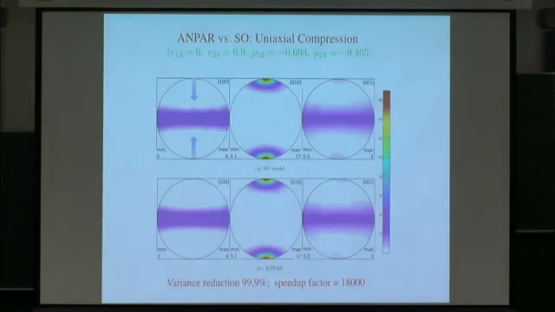So let me now show you some comparisons between the ANPAR model and the SO model, starting with uniaxial compression with these values of the R and P variables. So the compression axis is vertical here, and some of you may not know what these diagrams are. They're called pole figures.